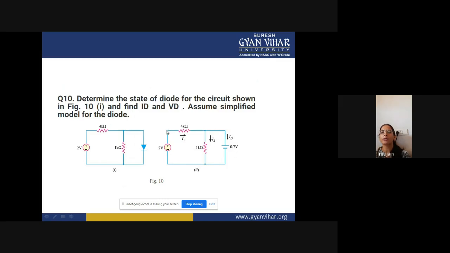After that, you have to short this voltage source, and you can easily calculate the resistance because these two branches are in parallel. By calculating the Thevenin voltage and Thevenin resistance, you can easily calculate the current flowing through the diode. So you can solve this problem by both methods.